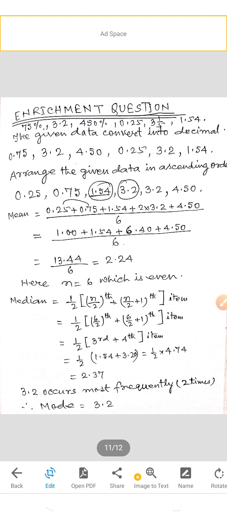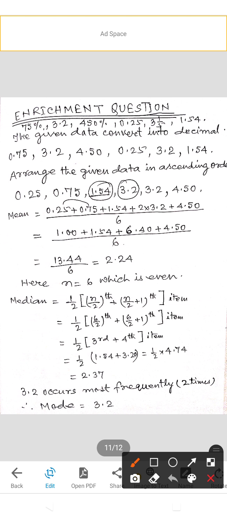Now enrichment questions. You are given: find the mean, median and mode of the following observations. The observations are given in this way: 75%, 3.2, 450%, 0.25, 3 and 1 by 5, and 1.54.